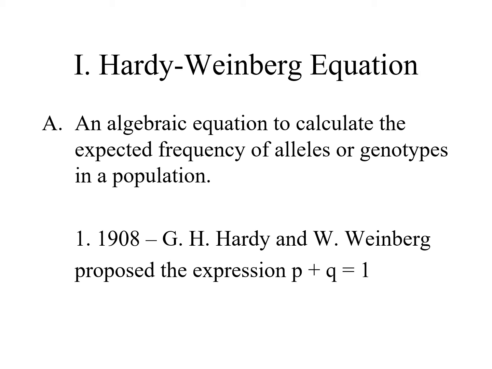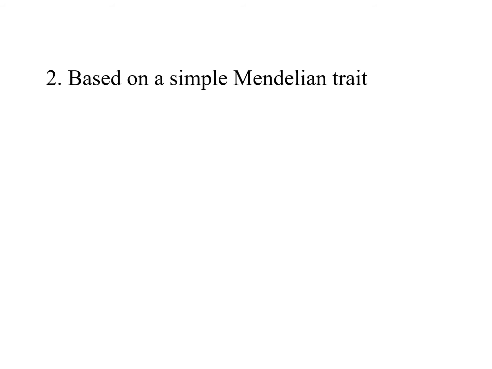That is the nucleus of the whole Hardy-Weinberg equation. So in this example, the easiest way to apply the Hardy-Weinberg equation is to pick a trait in a population that is Mendelian. You remember that term? Mendelian means you've got one genetic locus and it has two alleles, and the interaction between those alleles produces two different phenotypes, the dominant or the recessive.